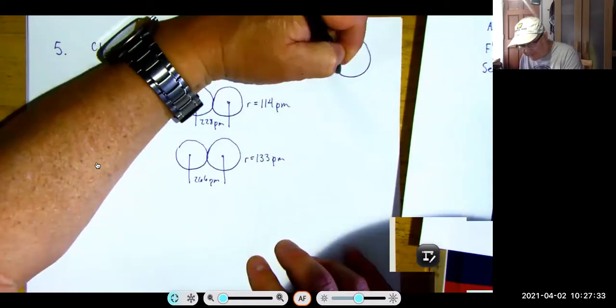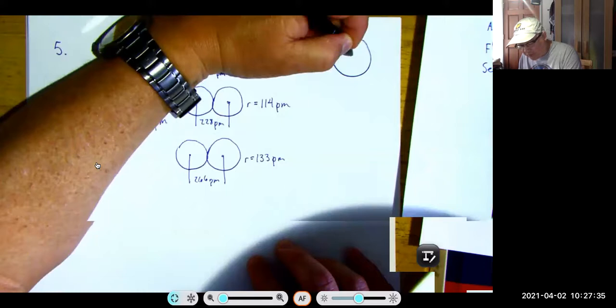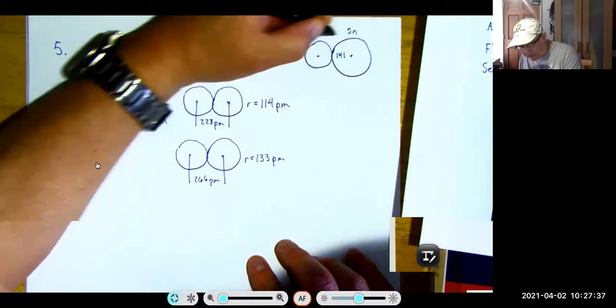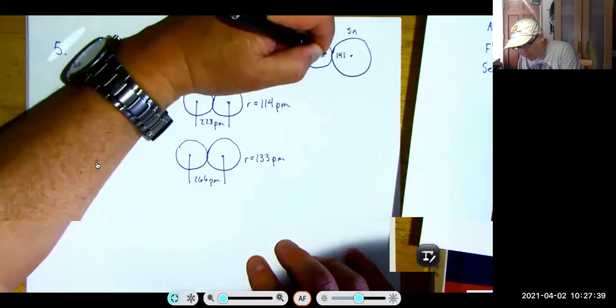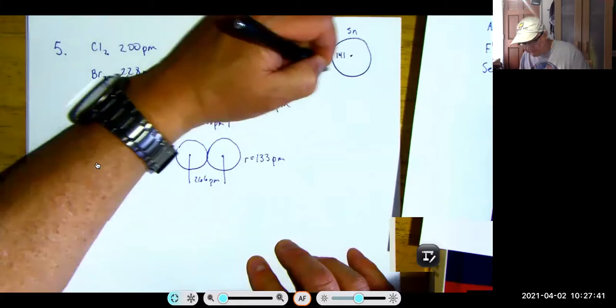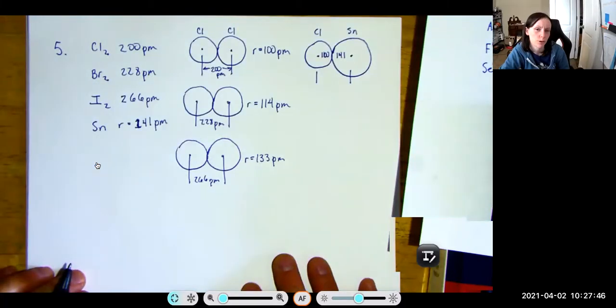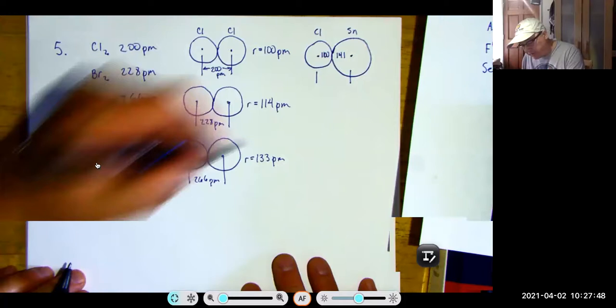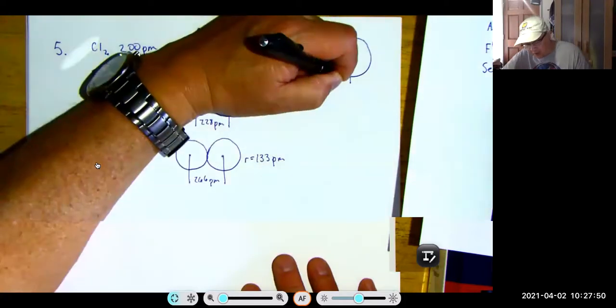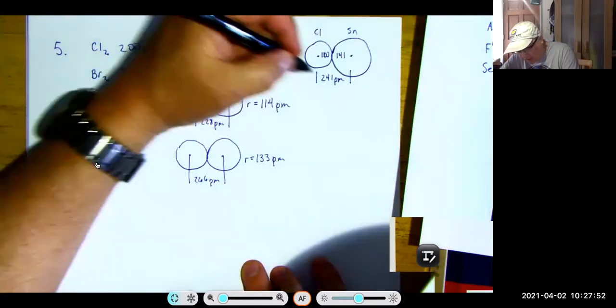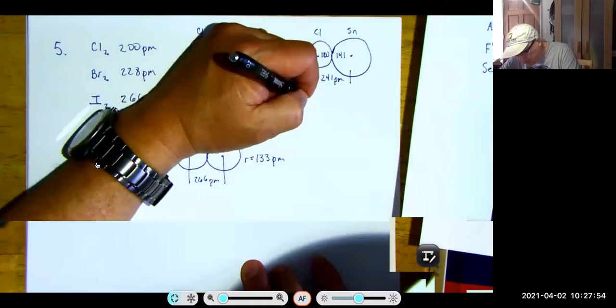And that's my tin. And we know this is 141. We know this is 100. So what is this bond length? 241 picometers.